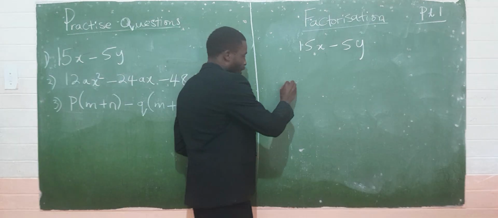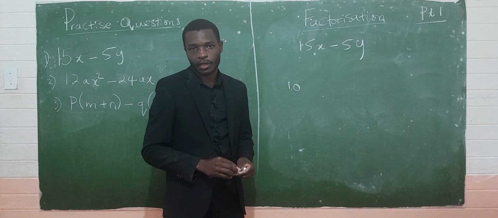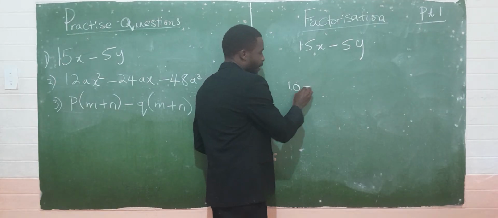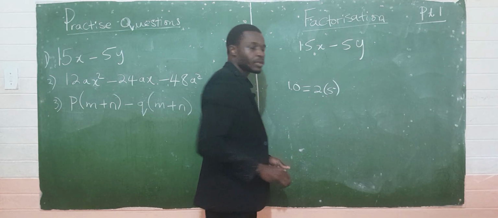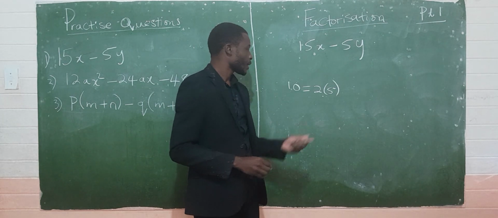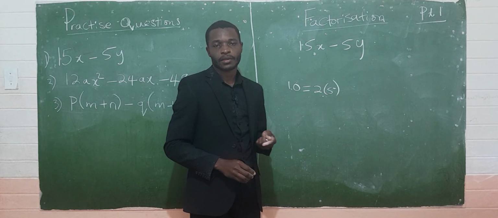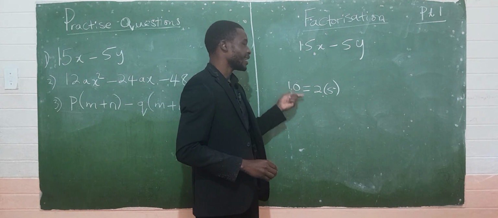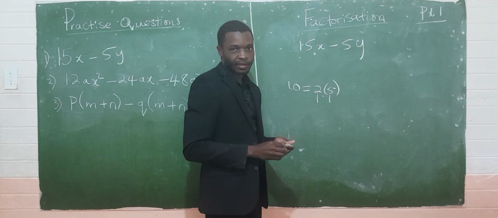For instance, if I give you 10 and I ask you to factorize 10, you can say 10 is equal to 2 times 5. This gives us 10. In other words, you have represented 10 as a product of its factors.